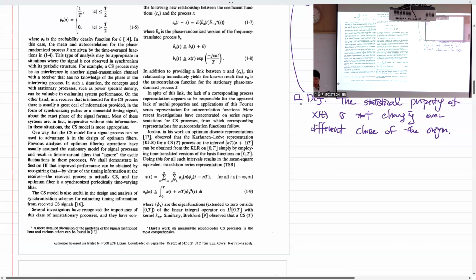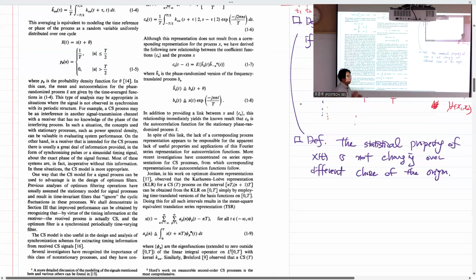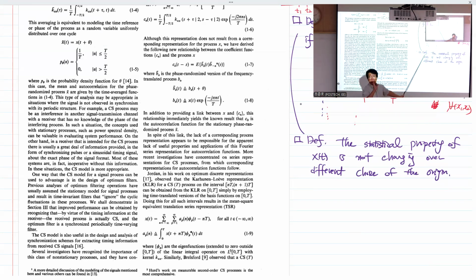So we have just defined strict sense cyclostationarity. Then another question. What would be the definition of strict sense stationarity, similar to this definition? Yeah, you are right. The statistical property of x of t is not changing over different choices of origin or shift of origin.